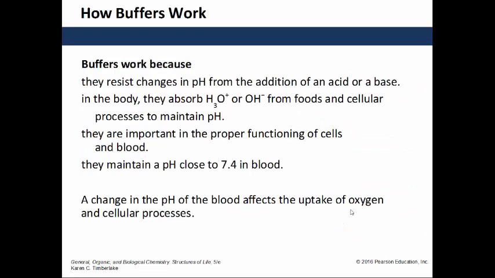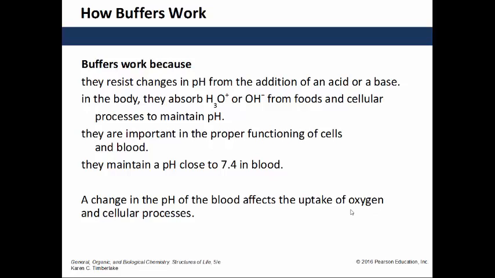And buffers work because they resist the changes in pH from the addition of either an acid or a base. So in the body, they'll absorb the hydroxide ions or the hydronium ions from food or from other cellular processes, and various enzymes, various proteins that are used. Now this is important because it helps maintain the proper functioning of blood in various cells. The pH of your blood can only handle a very small window of change.